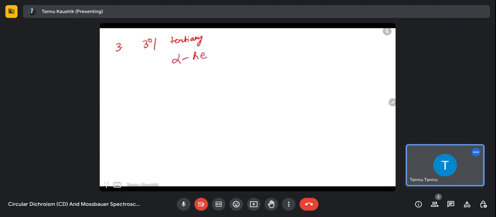These alpha helix chains form beta sheets.